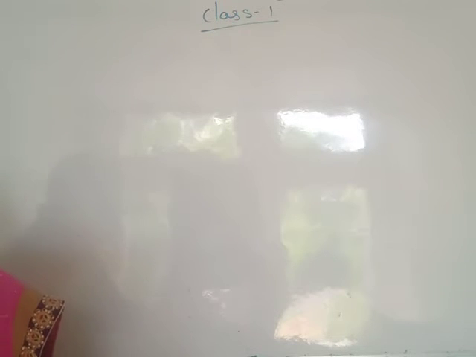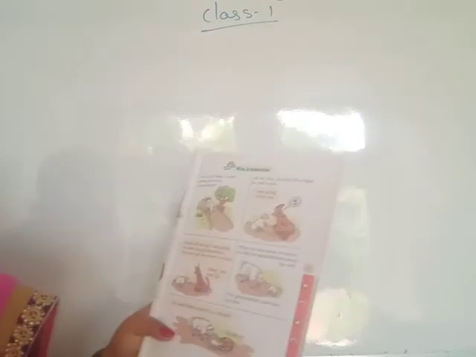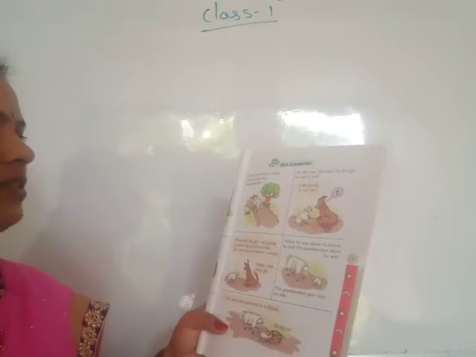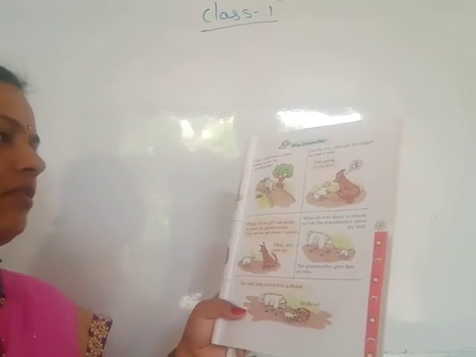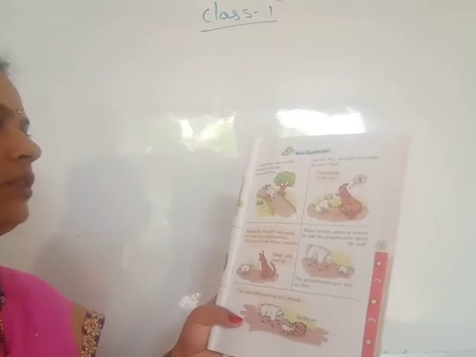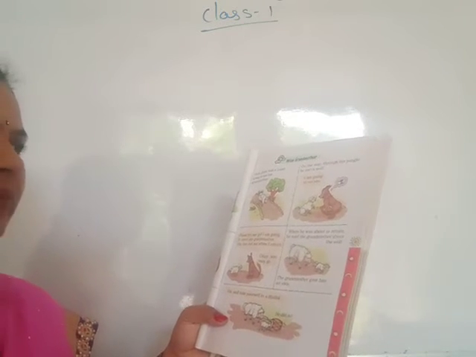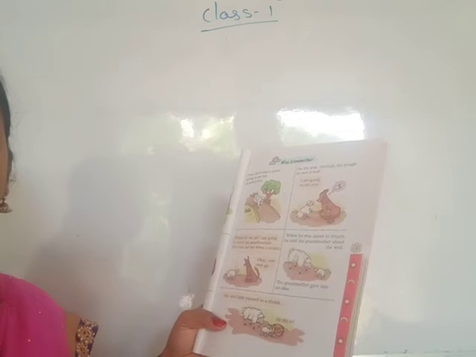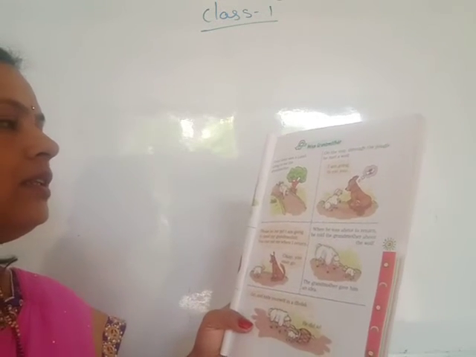Then next point, you see here, the wise grandmother. Here one story is given. Once there was a lamb going to see his grandmother. You know, lamb means the young one of a sheep.